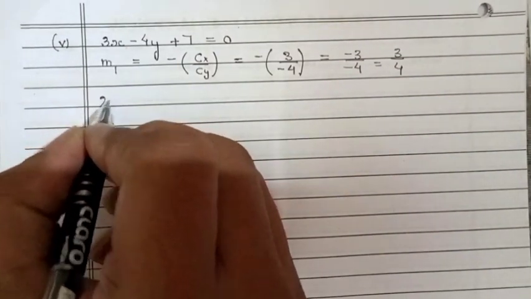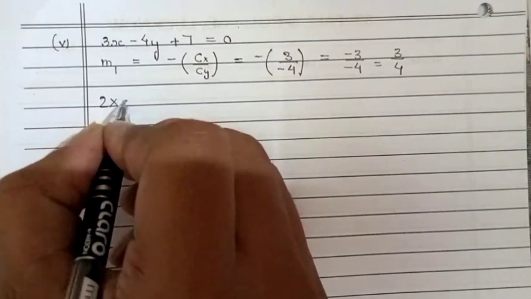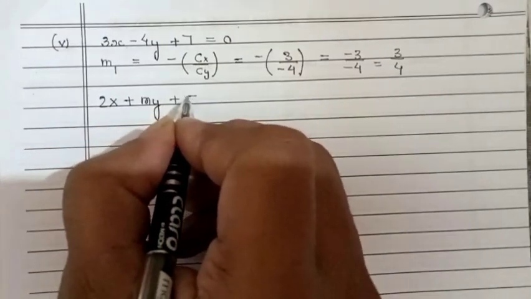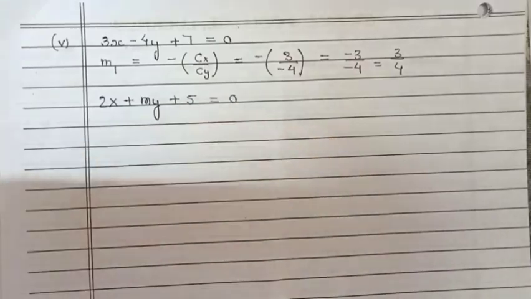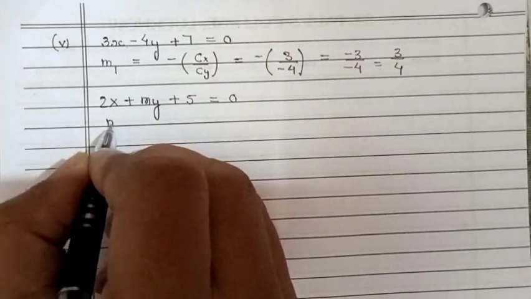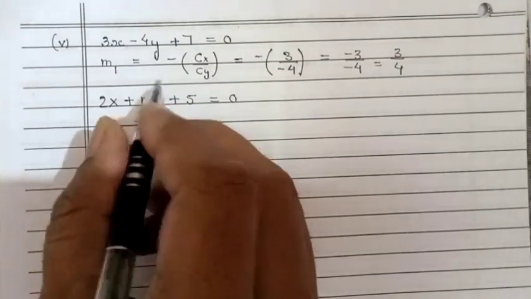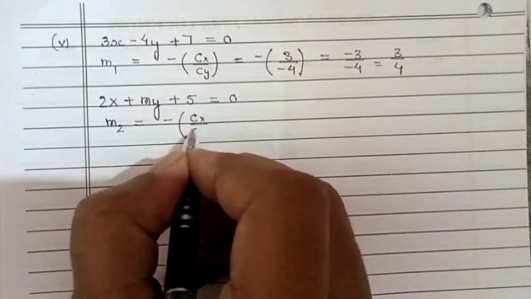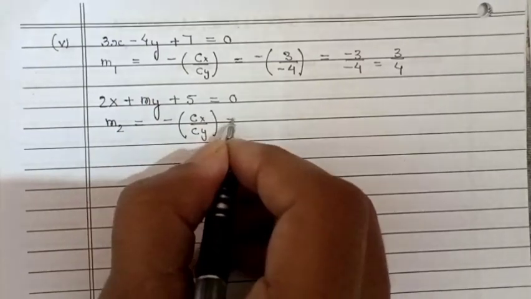Similarly, the second equation given to us is 2x plus my plus 5 is equal to 0. Now we will get the slope of the second equation. Let it be m2. Again using the same formula, negative coefficient of x upon coefficient of y.